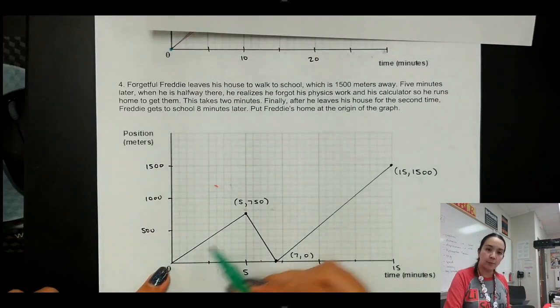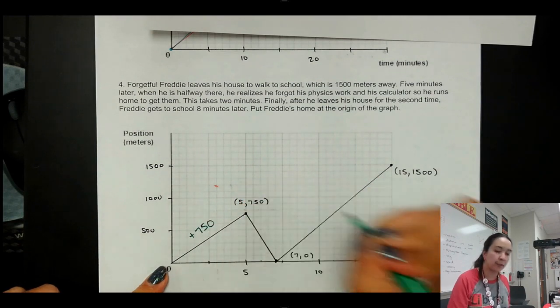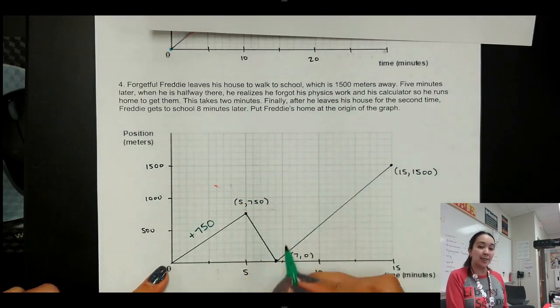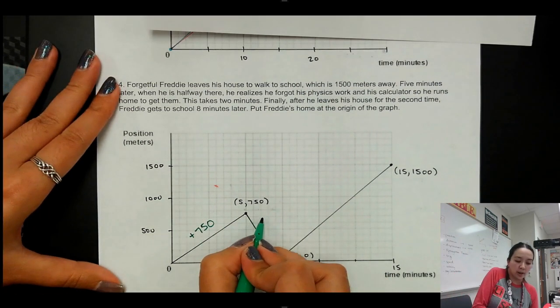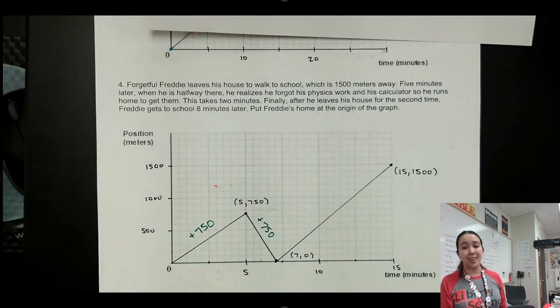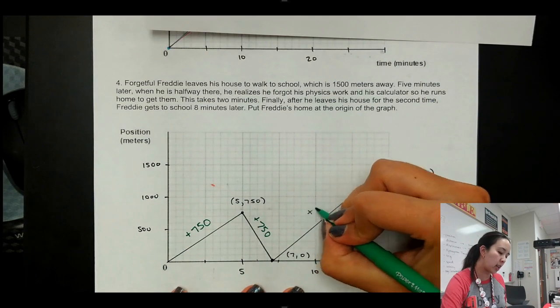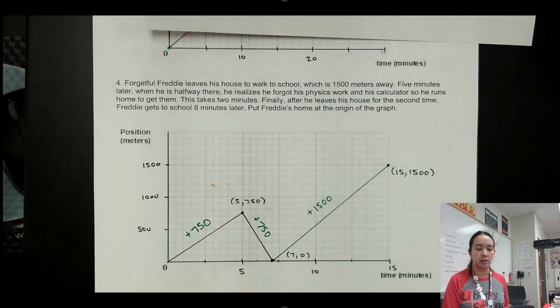So in this first part, he walks 750 meters. In the second part, if we are looking at distance, he's going to walk another 750 meters. And then in the last stage, one big chunk, he travels all 1,500 meters in just one big step.